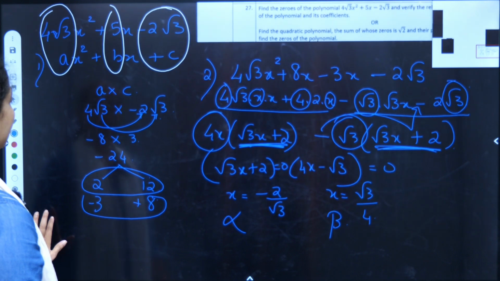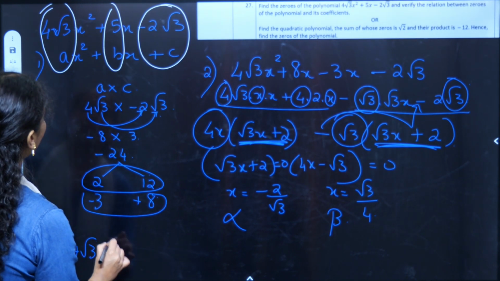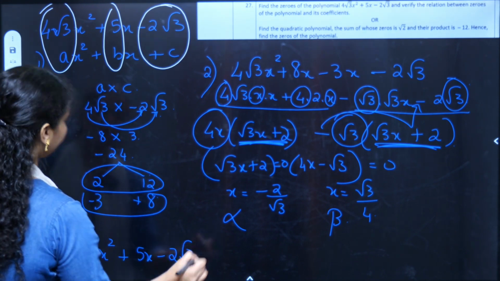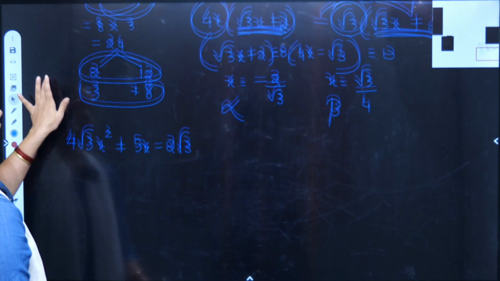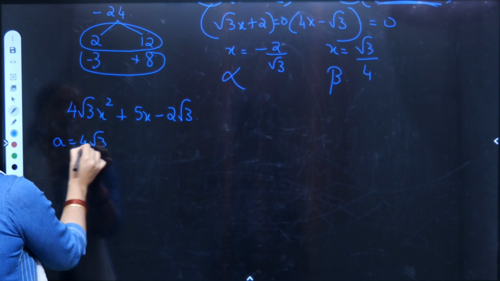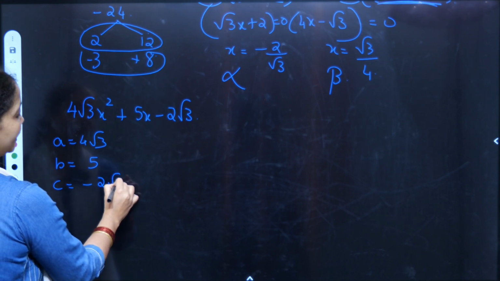I'll write the equation again. My equation was 4 root 3x square plus 5x minus 2 root 3. From this, as we all know, A is 4 root 3, B is 5, C is negative 2 root 3.